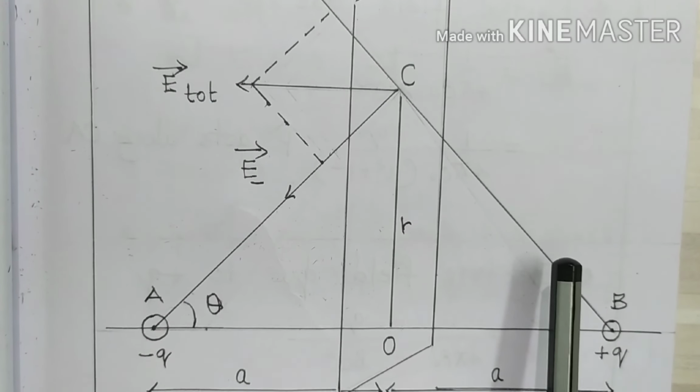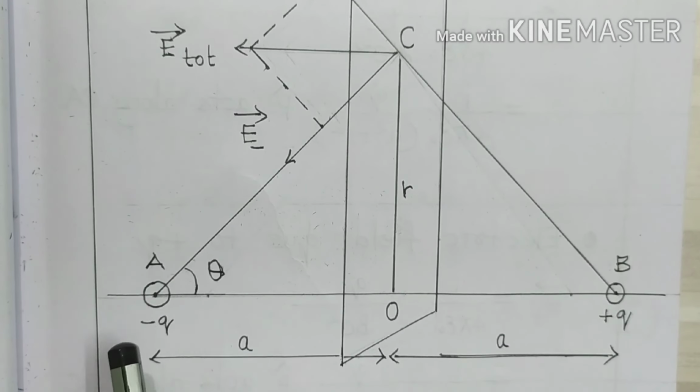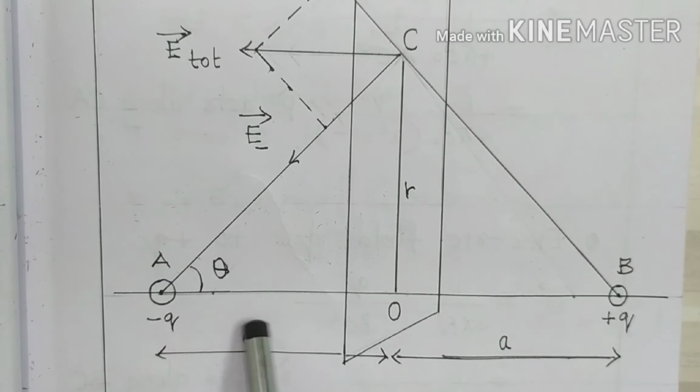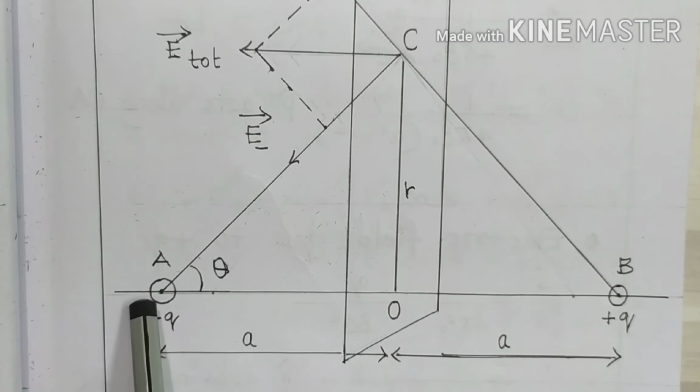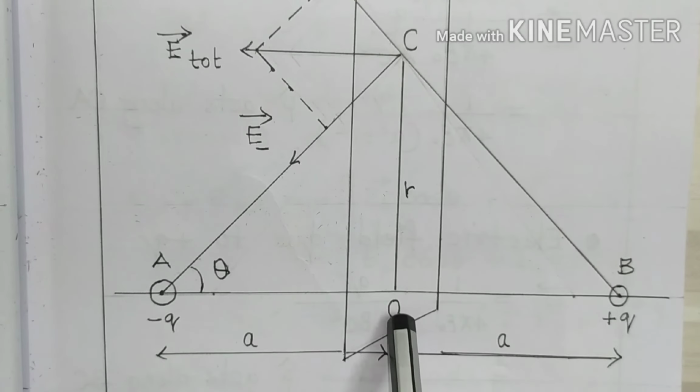Now this is the dipole diagram. Here minus Q and plus Q are separated by the length 2A. So A, B, and O is its center.